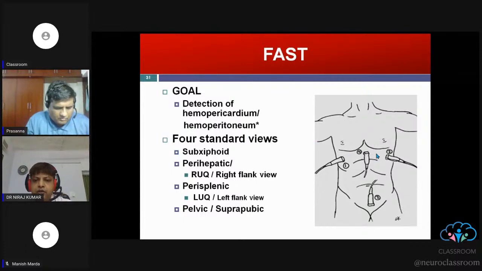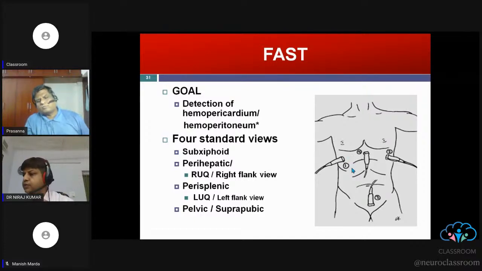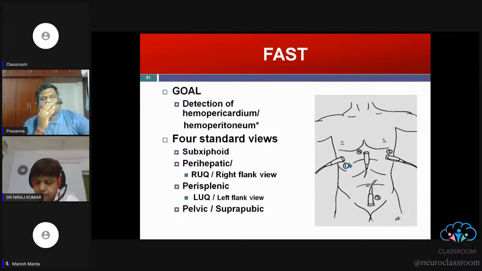First is the subxiphoid view to assess any evidence of hemopericardium, which we have already discussed in the echo part. Second, the right hypochondrial view to assess the hepatorenal space or Morrison's pouch, because Morrison's pouch is a very common site for accumulation of fluid.